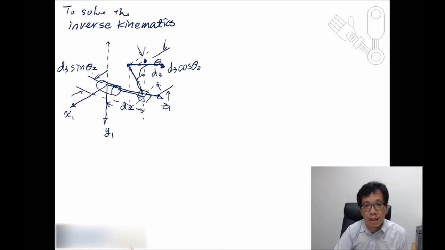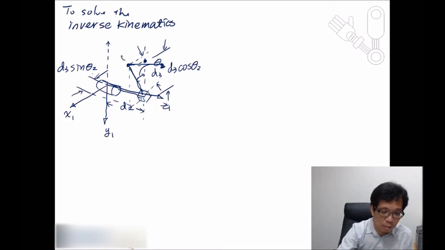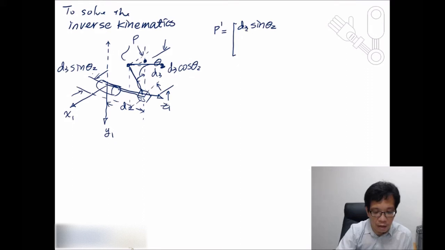Because we have the information theta 2, we have the information at d2 and d3. So if this is my p, visualized from this plane, it is going to be d3 sine theta 2 because it's along the x1 direction, and it is going to be negative d3 cosine theta 2.